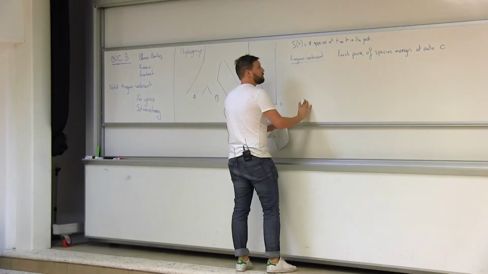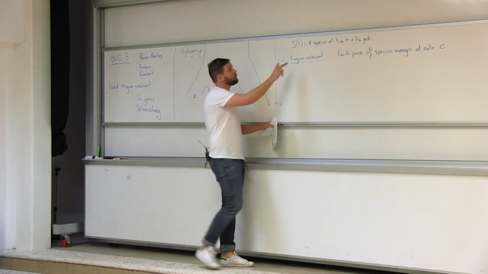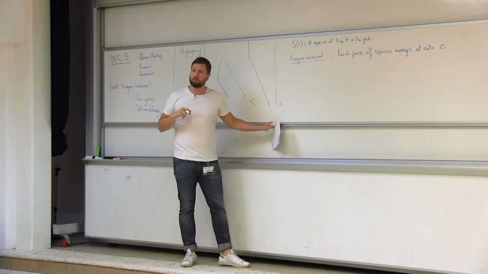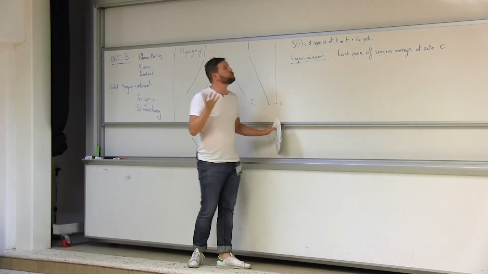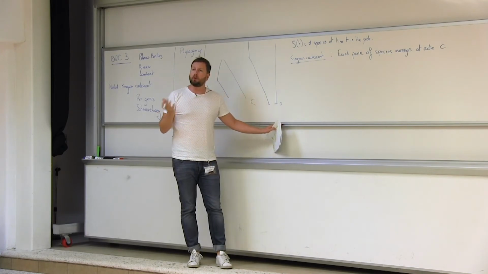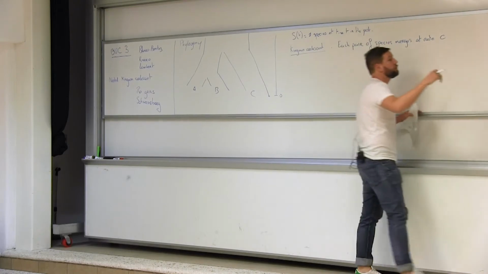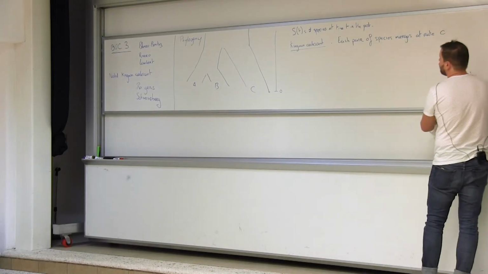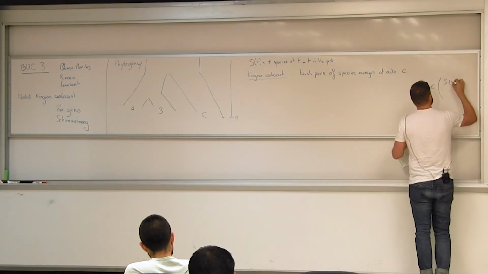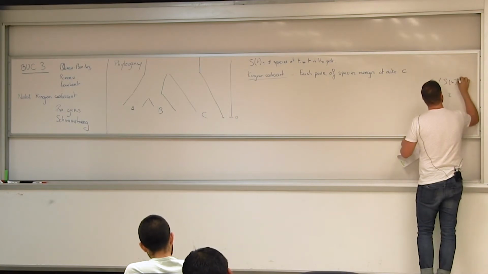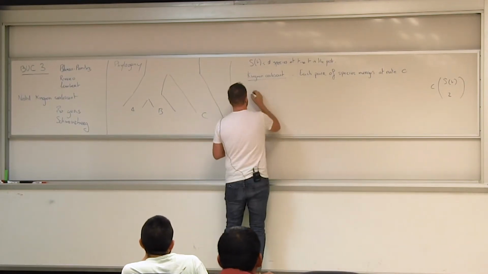And so if you look at the dynamics of S of t, it is easy to see that you will lose one species at a rate which is c times the total number of pairs that you have. So this is the rate, c times S of t choose 2. Okay? So the dynamics can be written this way.